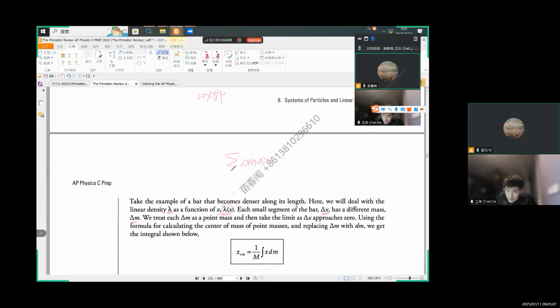This is something that we found before, right? This should be divided by the big M, which is going to give me my x center, the center of the mass. This is what we learned before, right? Now it's just that we have different density, but still it's kind of like that.